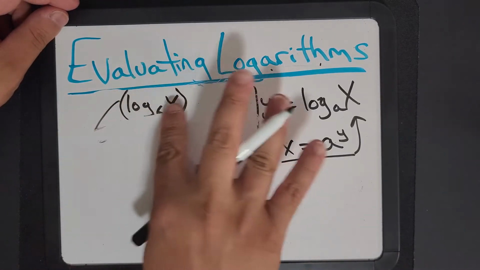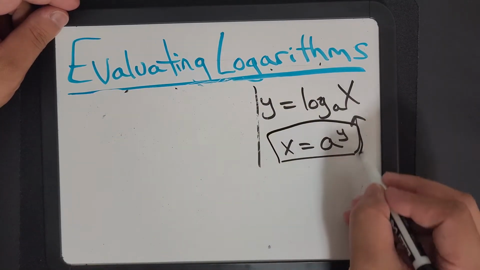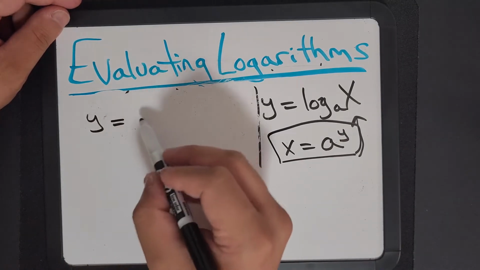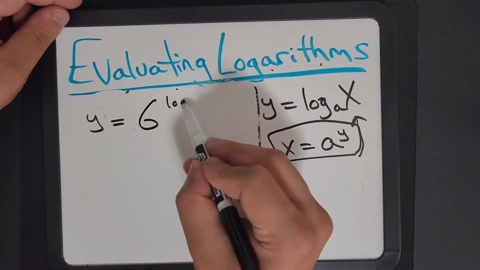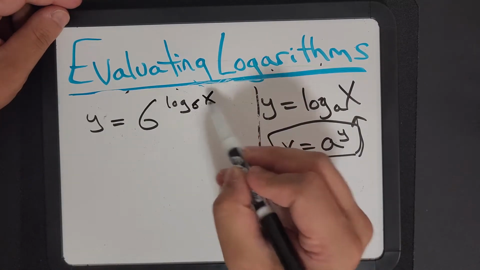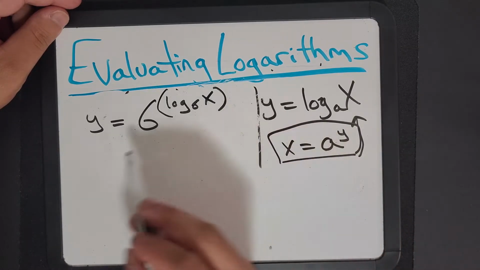Look at this one. x equals a to the y, but in this case we have y is equal to 6 to the log base 6 of x. But that's our y, so that's going to become here.